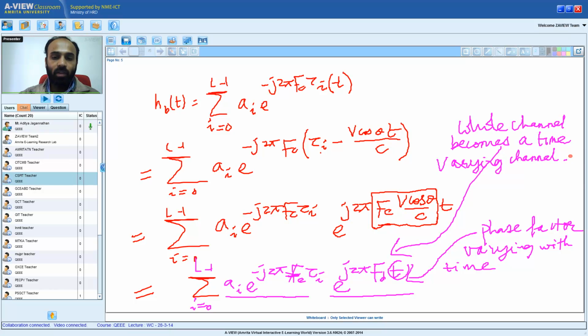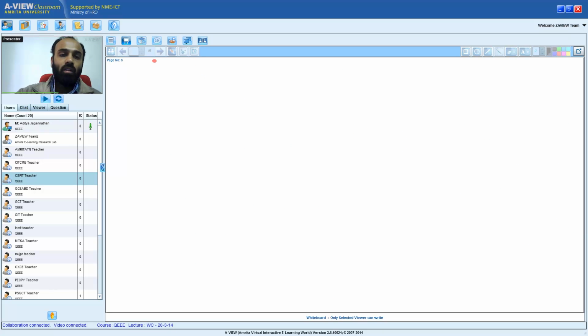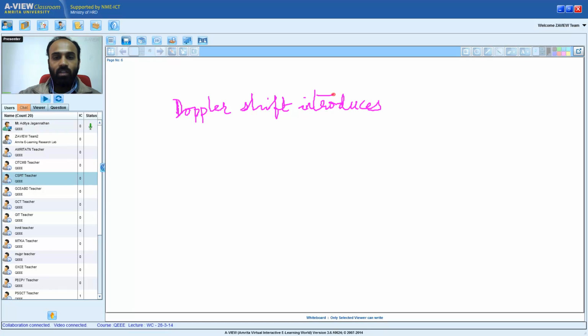What is the effect of Doppler shift? Doppler shift introduces time variation in the wireless channel. Is this clear to everyone?